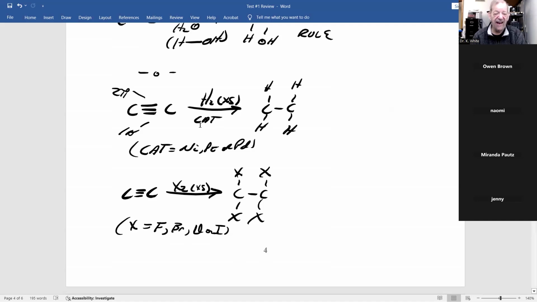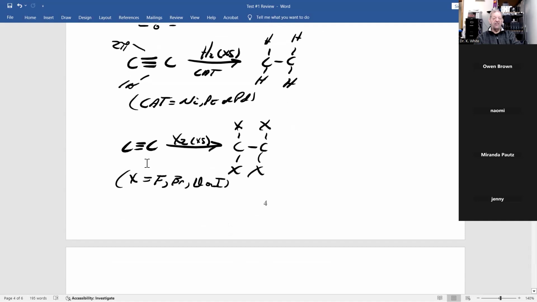Yay. Catalyst is still nickel, platinum, and palladium. Since there are 2 pi bonds, each carbon of the triple bond gets a hydrogen per pi bond. Since there are 2, each carbon gets 2 hydrogens. Now the same thing happens with halogenation. 2 pi bonds. Again, I don't want to have to balance it, so I'll use bracket, X S, close bracket, meaning excess.